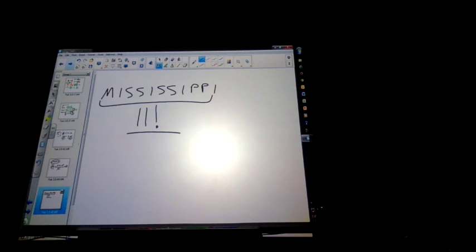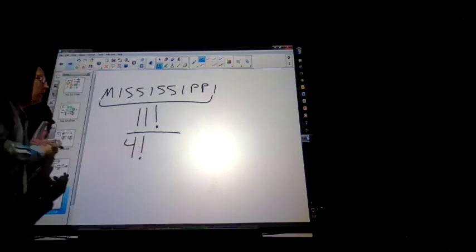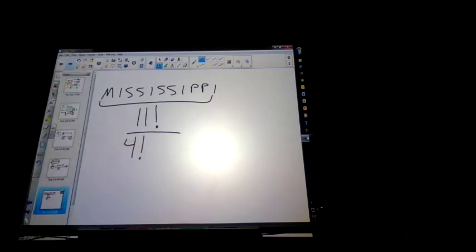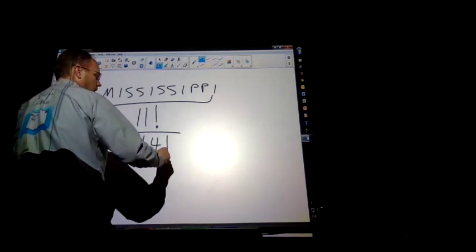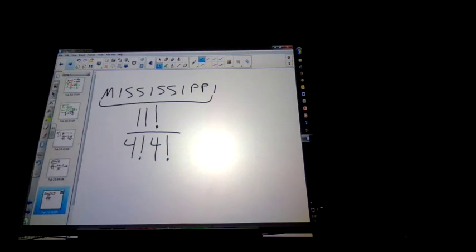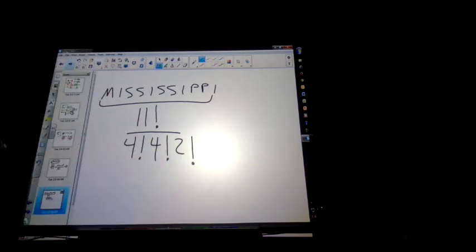Nope, so let's not worry about that. Does I? How many times does I repeat? 4 times, so I get 4 factorial. Does S repeat? How many times? Does P repeat? How many times? Okay?